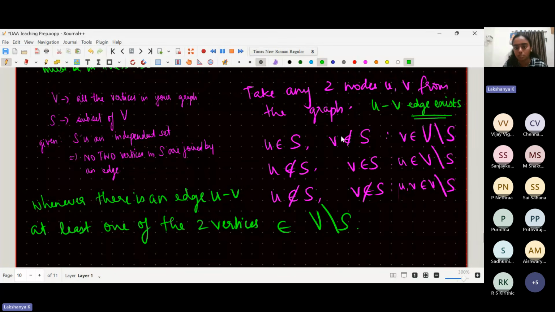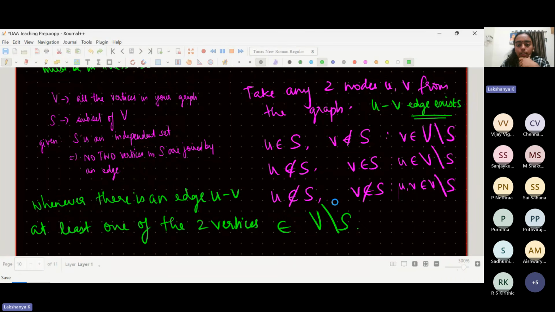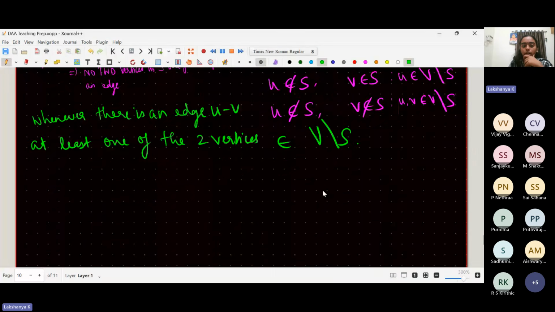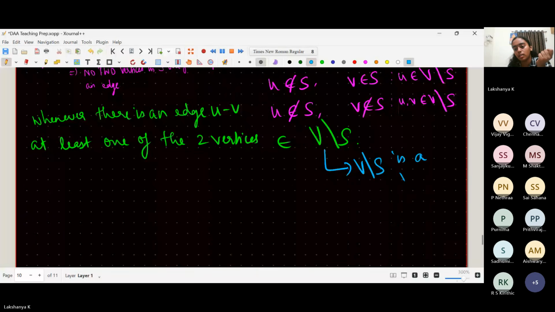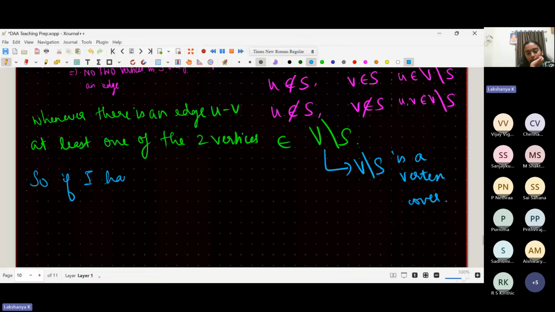These are the only three cases possible, and in each of those cases, at least one of the concerned vertices belongs to V set difference S. Correct? So V set difference S is a vertex cover. For every edge, at least one of the endpoints belongs to this set. So it is a vertex cover.